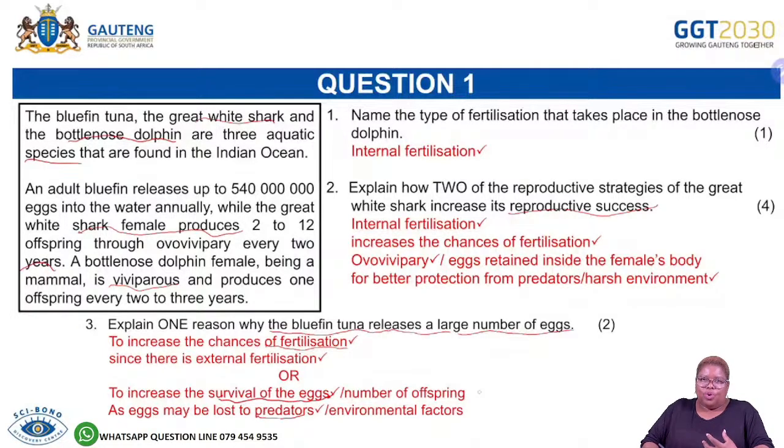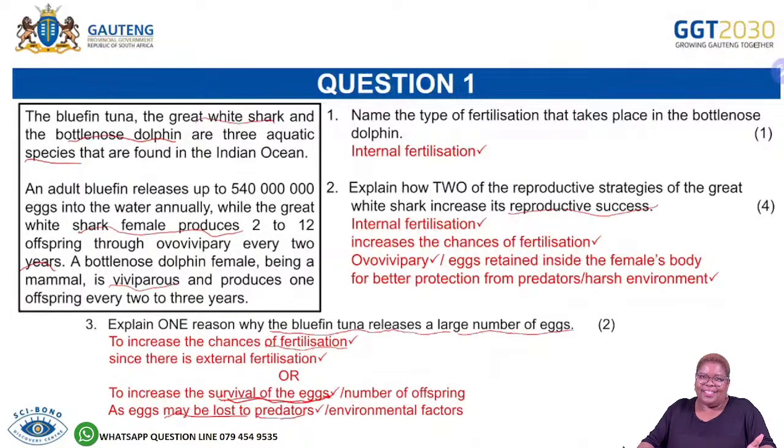So also, if we've got more of them being released, it means it also increases the survival of the eggs. So they might not all die, but we can still be having some where fertilization can take place. And also, if more are being laid, yes, some of the eggs might be lost due to what?